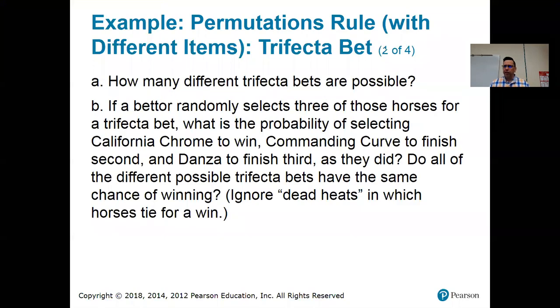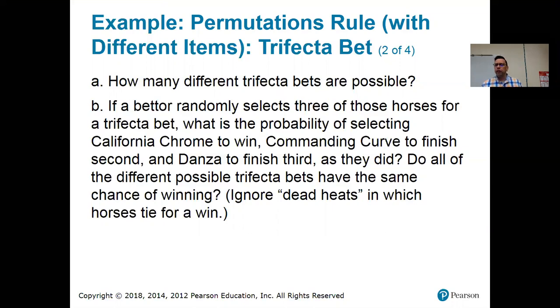Question number 1, how many different trifecta bets are possible? Again, 19 horses, you have to pick 3 in the correct order. Part B, if a bettor randomly selects 3 of those horses for a trifecta bet, what's the probability of selecting California Chrome to win, Commanding Curve to finish second, and Danza to finish third?